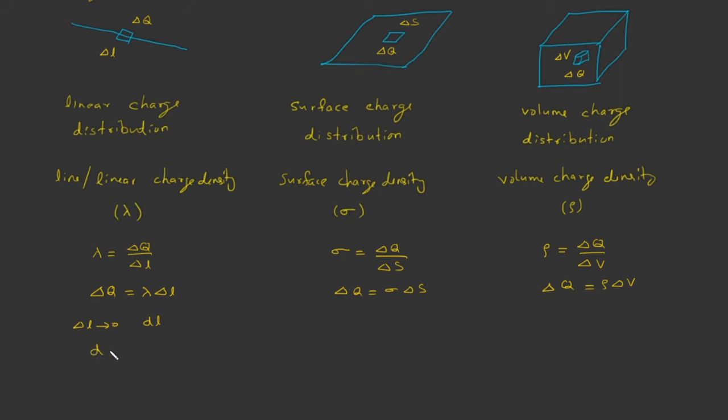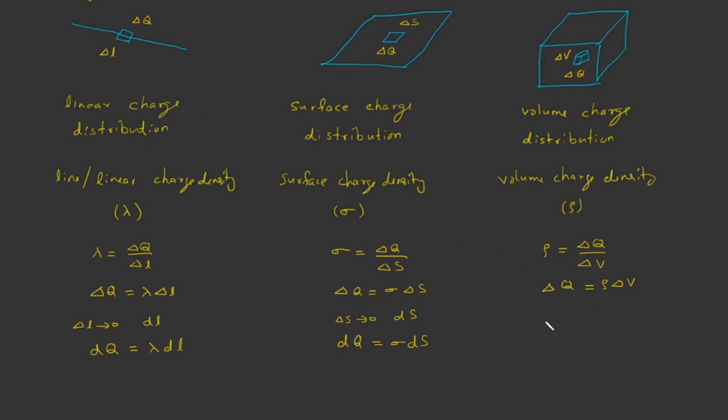So we can take the small charge as dq, and that is equal to lambda dl. Or in this case, when delta S tends to 0, we can take it as ds, and we can write dq is equal to sigma ds.